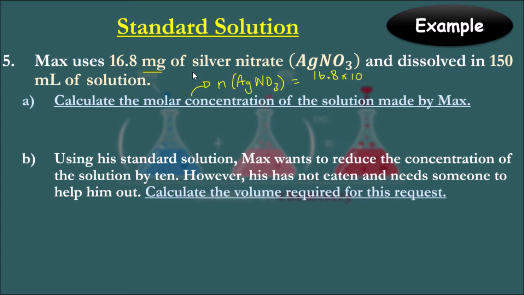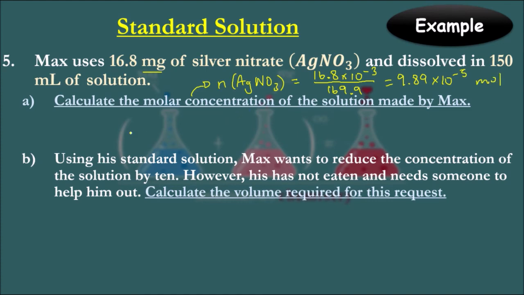So to get it into grams, divide by 1,000, so it's 10^-3, divided by the molar mass of silver nitrate. Now I found that it was 169.9, and that gave me exactly 9.89 × 10^-5 moles of silver nitrate.